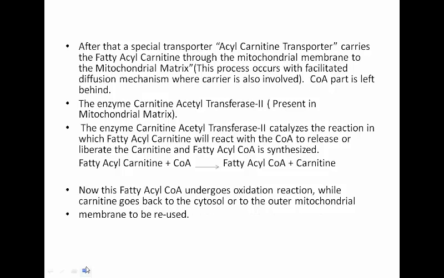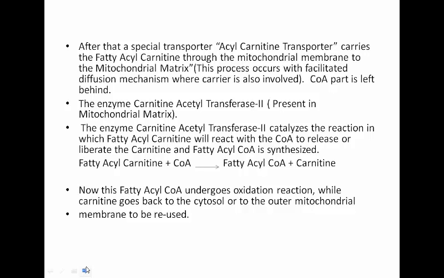This is basically a facilitated diffusion method. So the CoA part is left behind and fatty acyl carnitine is transported to the mitochondrial matrix.